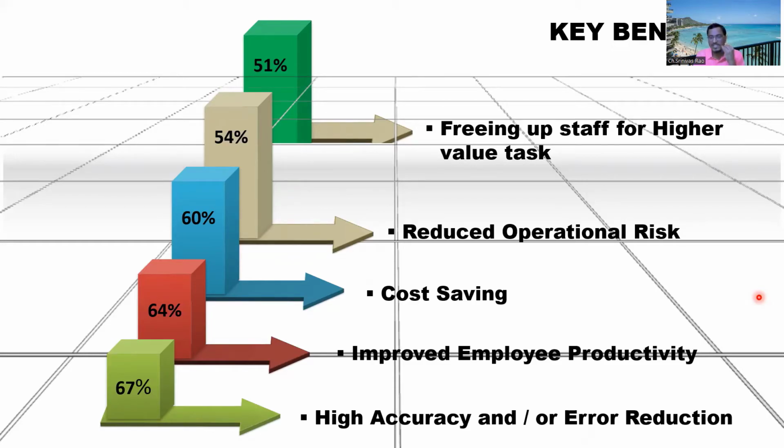And the implementation cost is very low, not crores. Of course, it's in lakhs, but not in crores. See the client benefit, 5 to 6 angles. Clients are getting more than 50%. Huge benefits. Clients in the industry are eagerly waiting for implementation of RPA.